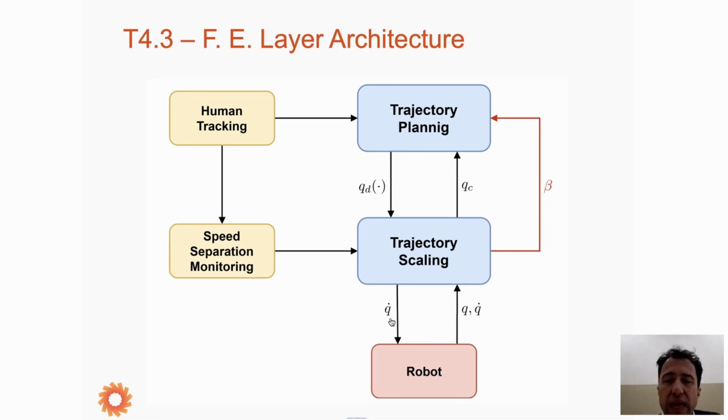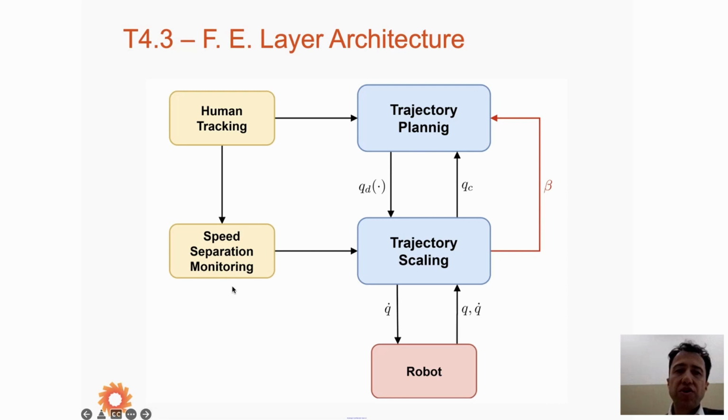So we need to take care of the human to consider safety constraints, and we use speed and separation monitoring for that. So again, the flexible execution layer is made up of a couple of main blocks: trajectory planning and trajectory scaling. The trajectory planning, given the information about the world provided by the semantic scene map, plans the best trajectory online for achieving its job.